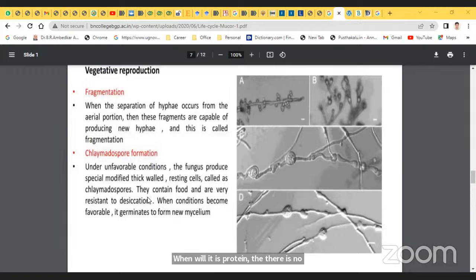They contain food and are very resistant to desiccation.